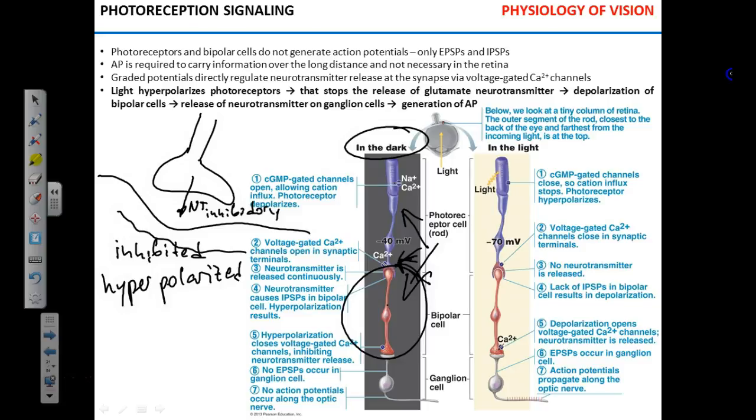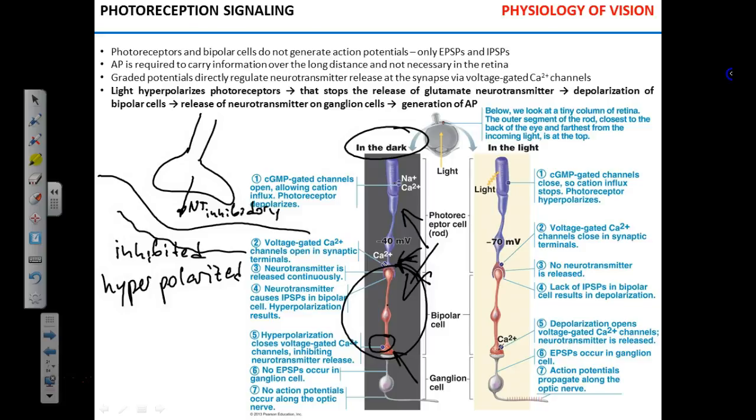It's by definition hyperpolarization. And hyperpolarization inhibits the release of neurotransmitter here, because calcium channels are closed. That make sense? So that's the situation in the dark. Okay?